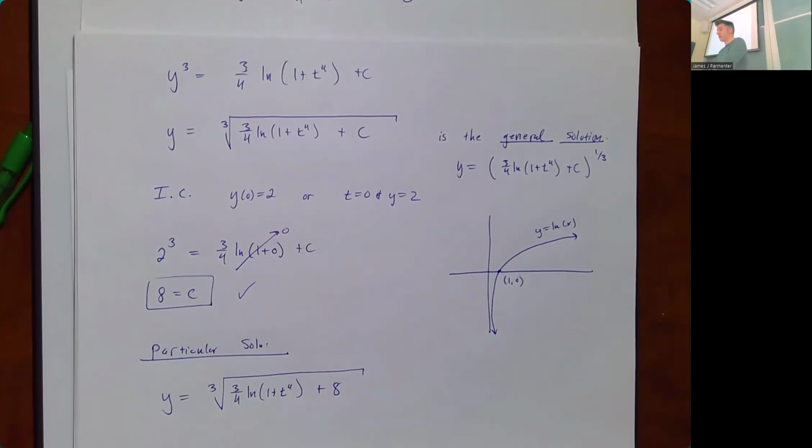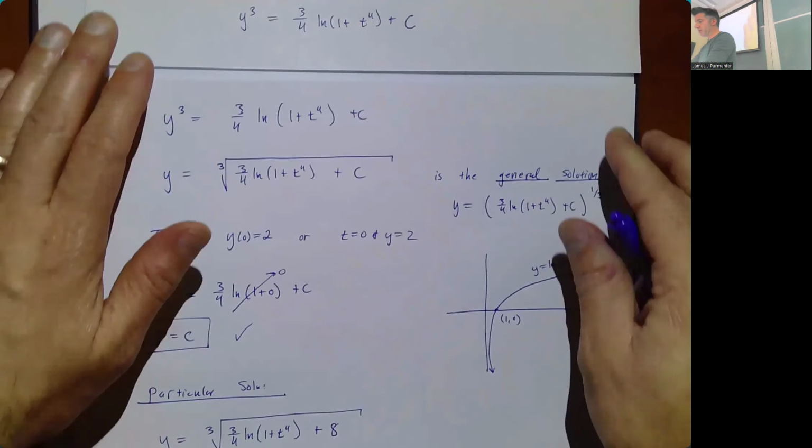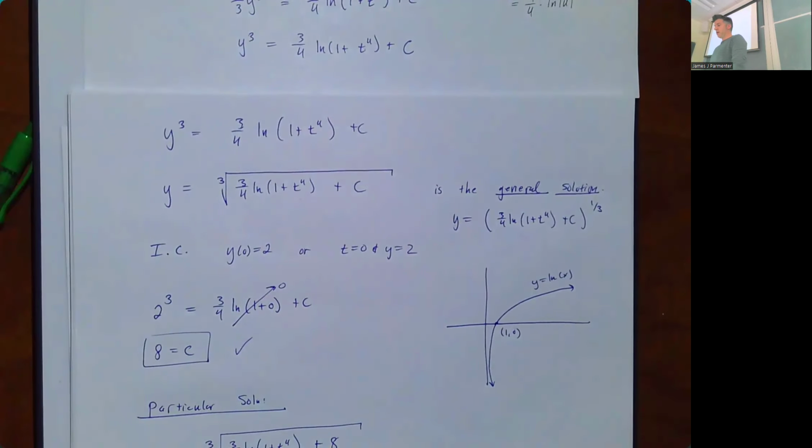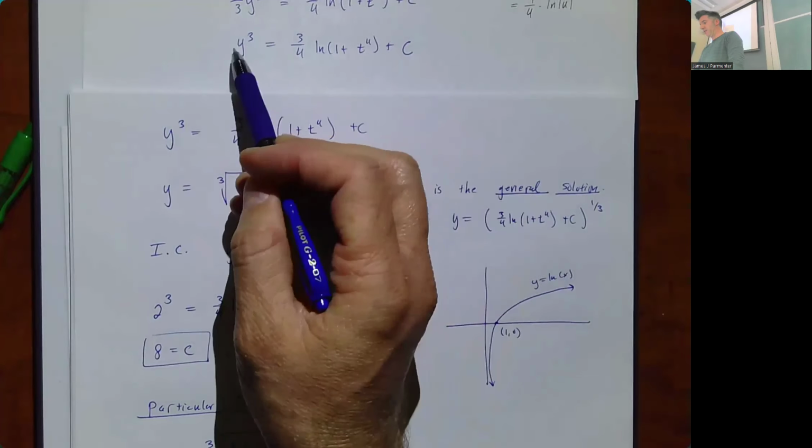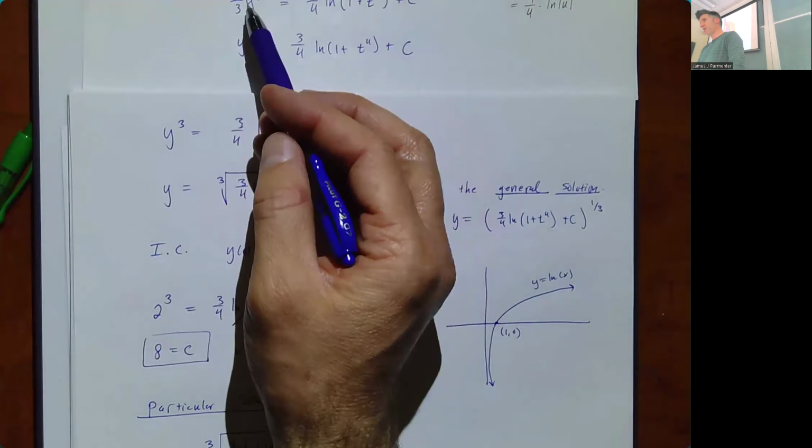Sure. Yes. In fact, let's go back. You make a good point. So if we look here, I solved for c at this juncture right here, but I could have solved for c right here.